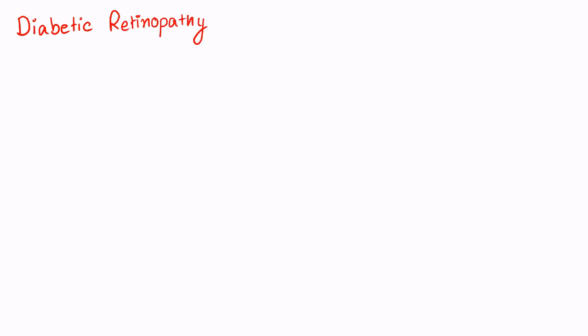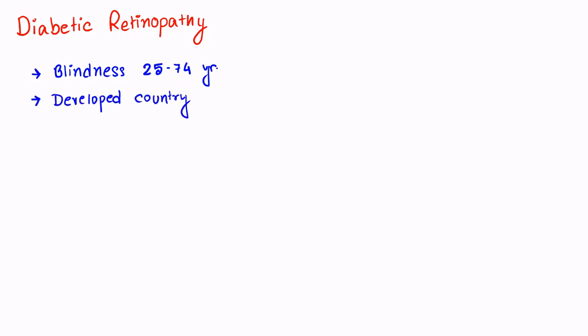Diabetic retinopathy is the leading cause of blindness in patients between 25 to 74 years of age in the developed countries. Now, what is diabetic retinopathy? It is a microangiopathy of retinal capillaries.